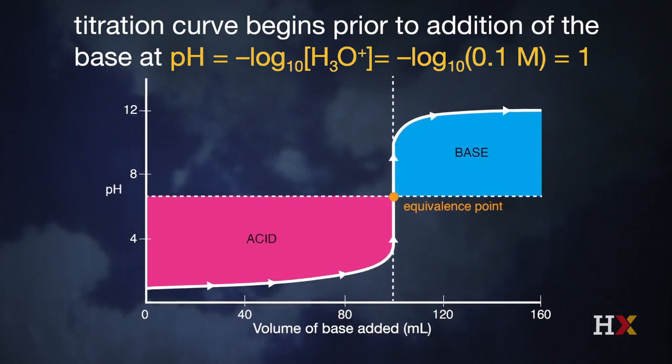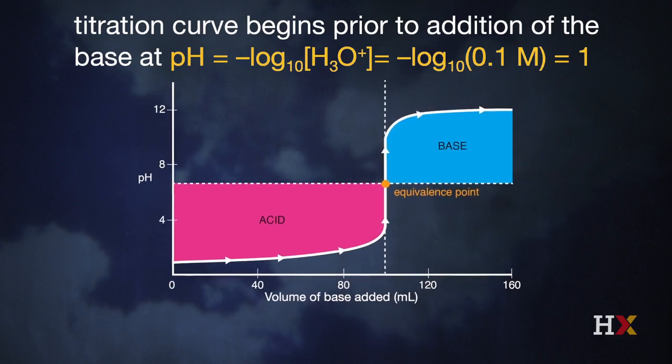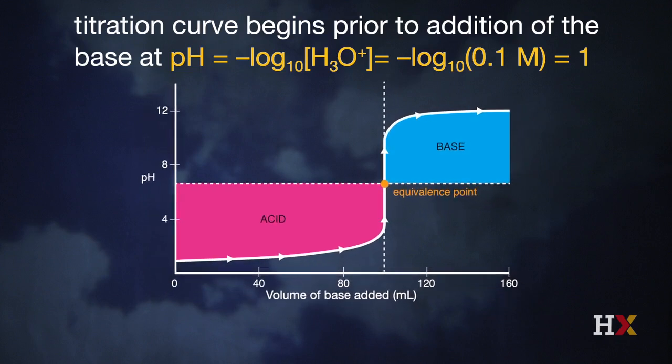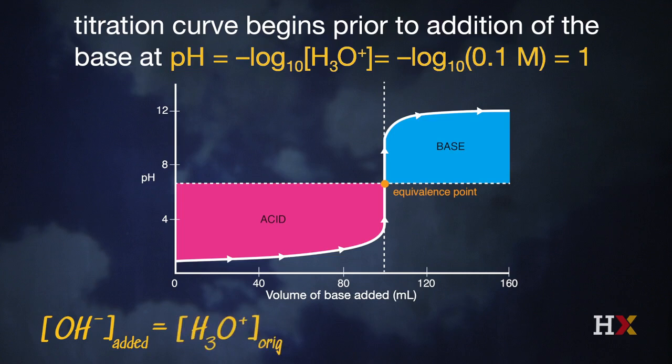So the next step is when we add that OH minus to the H3O plus. The key thing is that we recognize that the OH minus added is equal to the H3O plus originally when we reach the equivalence point. And that's what makes the addition of a strong base to a strong acid particularly simple, because there's the annihilation of each H3O plus by each OH minus that's added.